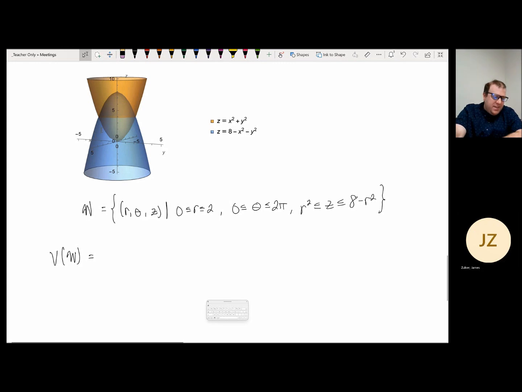If I'm at some point in here, that is bounded below by that orange curve, bounded above by the blue. And in fact, no matter what point you pick in that region, those are always going to be your upper and lower bounds. So any point will extend between those two surfaces.